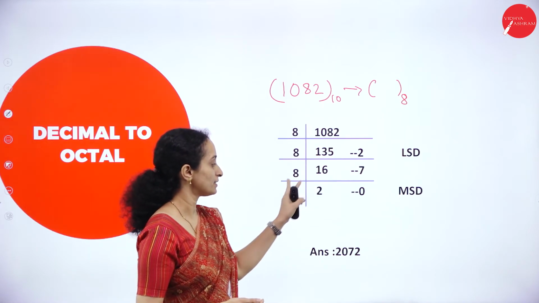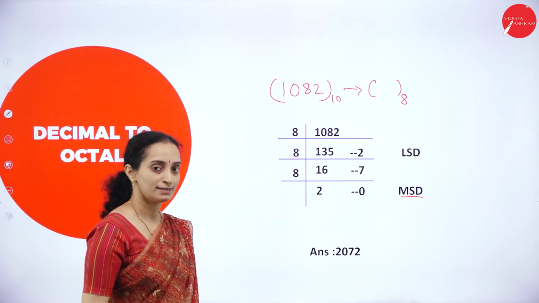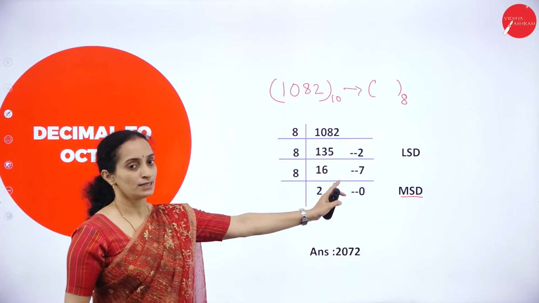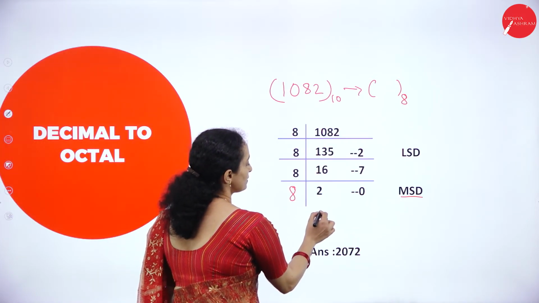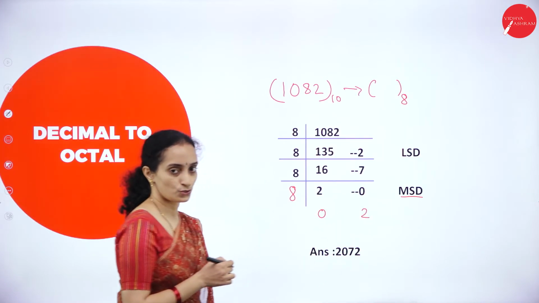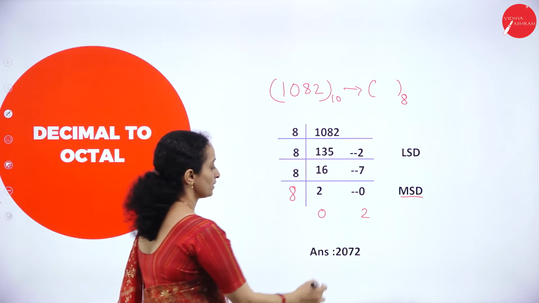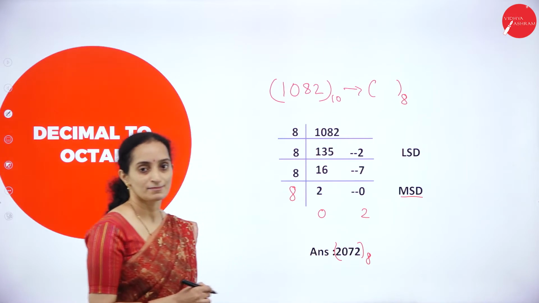Again 8 16s are 128, remainder 2, the most significant digit, where the counting will be done like this. You can again convert it like this, 8, 0, remainder is 2. 2102 to the base 8.